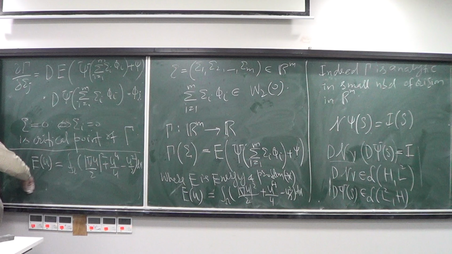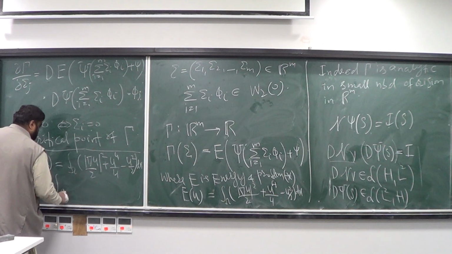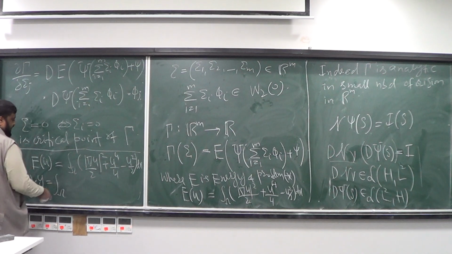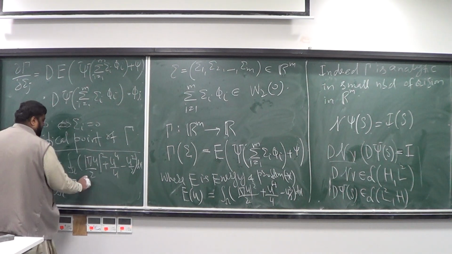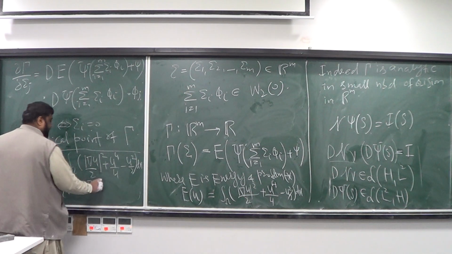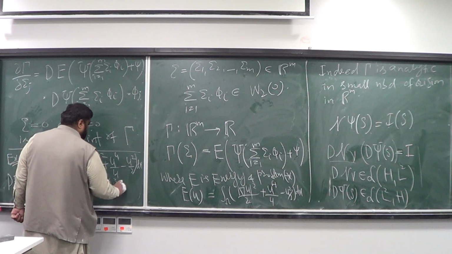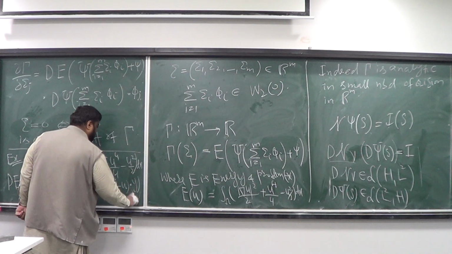Okay, so the exercise is to show that if you compute the Fresher derivative of e at u and operate it onto, for example, a point y, then this Fresher derivative is going to be equal to the integral over omega of the space variable, gradient u dot gradient y plus u cube minus u times y dx.